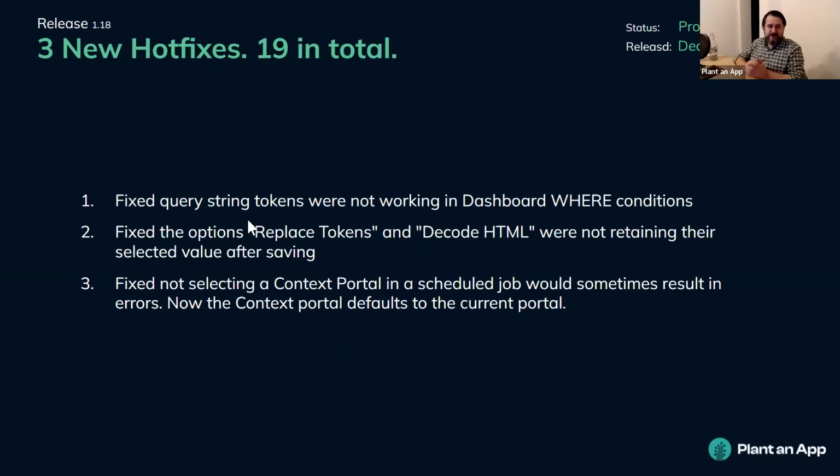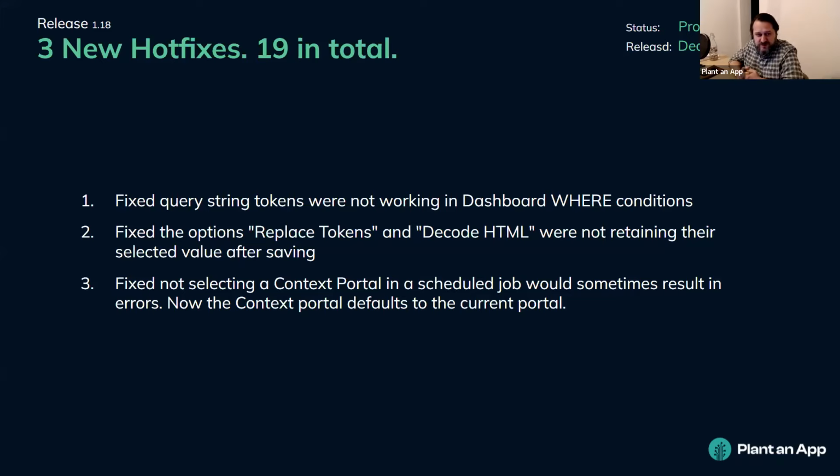Good. So this week we published 3 new hotfixes in the 1.18 release. These hotfixes are related, the first one, to the dashboard. So in the dashboard, in the where conditions, we were not supporting tokens. So right now it's possible to use the query string tokens as well.